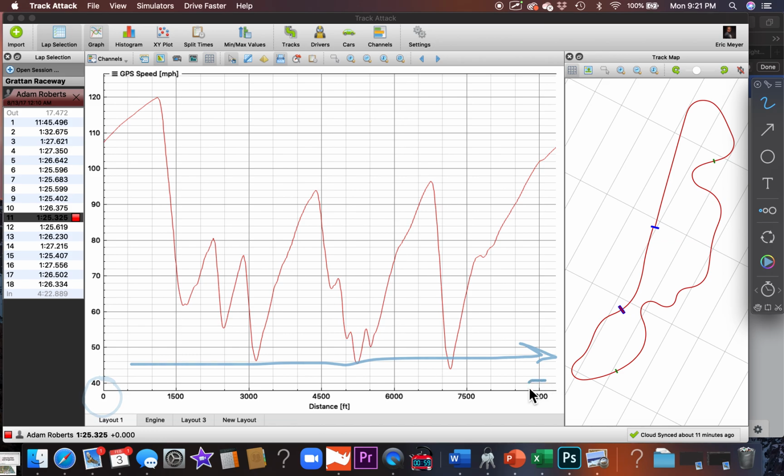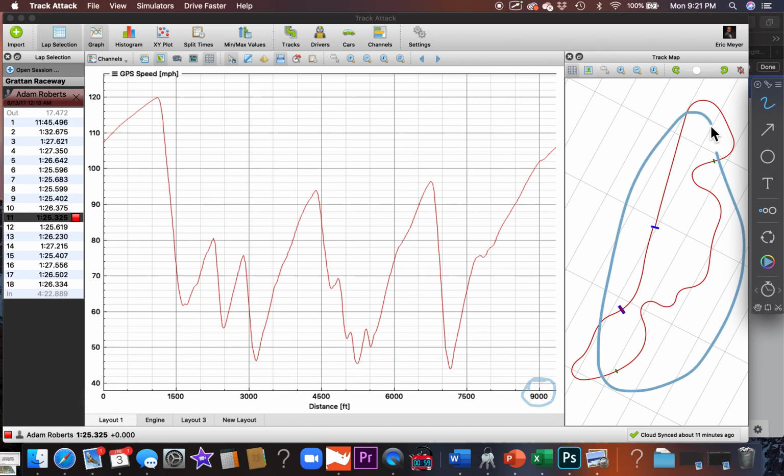So here we have 9,000 feet, and I want you to look over here on this track map, and this is going to be start and finish. And this start and finish right here, going this direction, you're obviously familiar with Grattan.